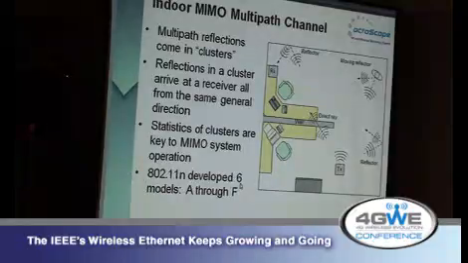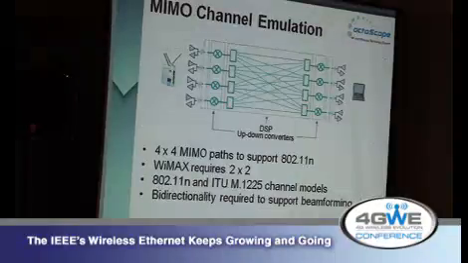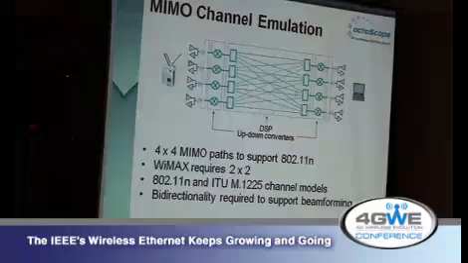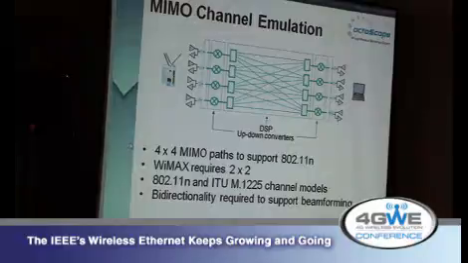There are 6 models, called A through F. A is a small room, F is a very large space, but they model all these reflections in a room. So in the indoor environment, 802.11n defines a 4x4 MIMO. That's a maximum because they see 4 paths statistically indoors. Today, the maximum implementations are reaching 3 streams, not 4.